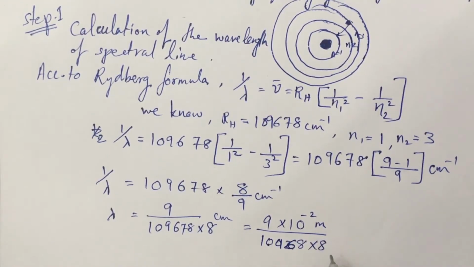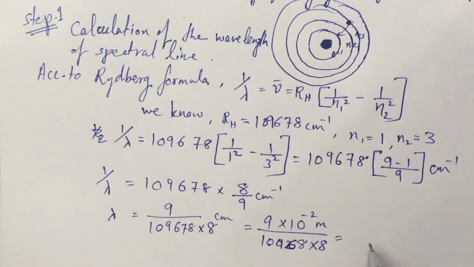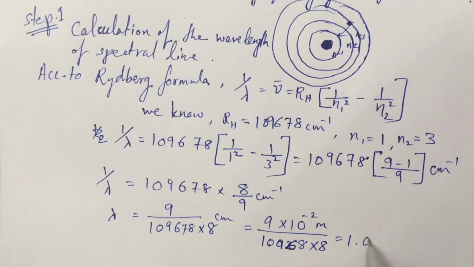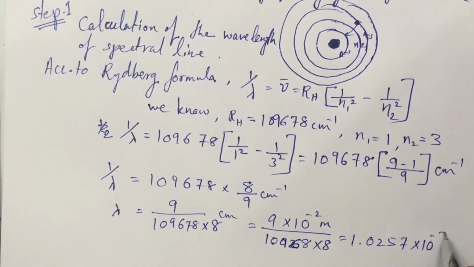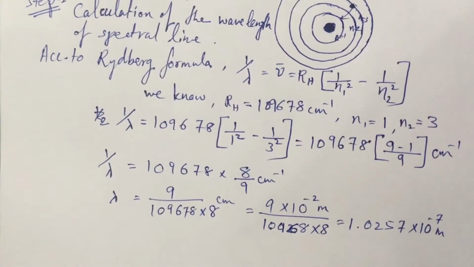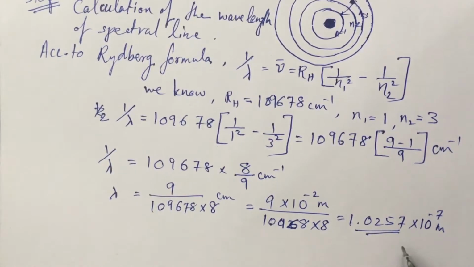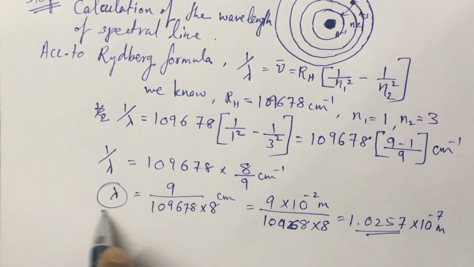What I have written is that 9 centimeter we have converted into meter. When you calculate this, you get 1.0257 into 10 raised to minus 7 meter. Children, this is the lambda we have got.